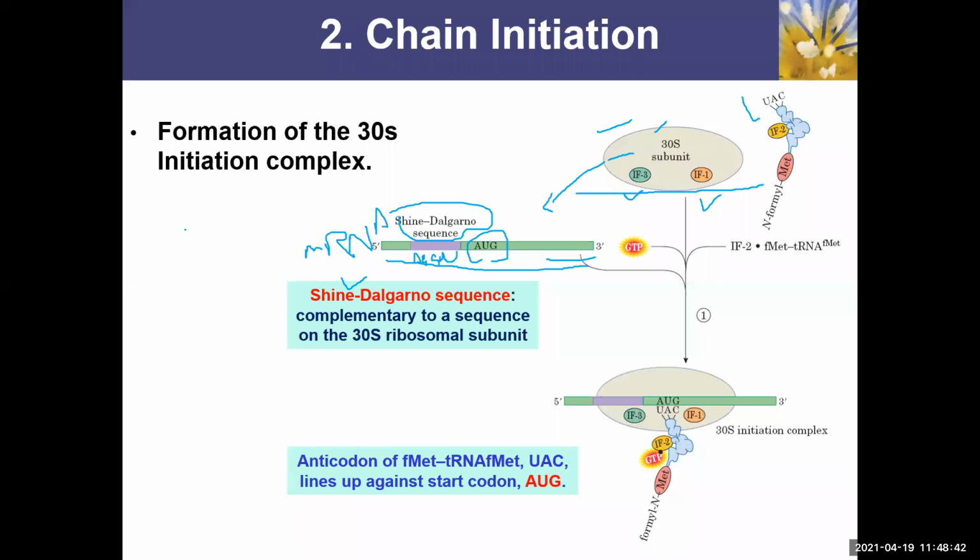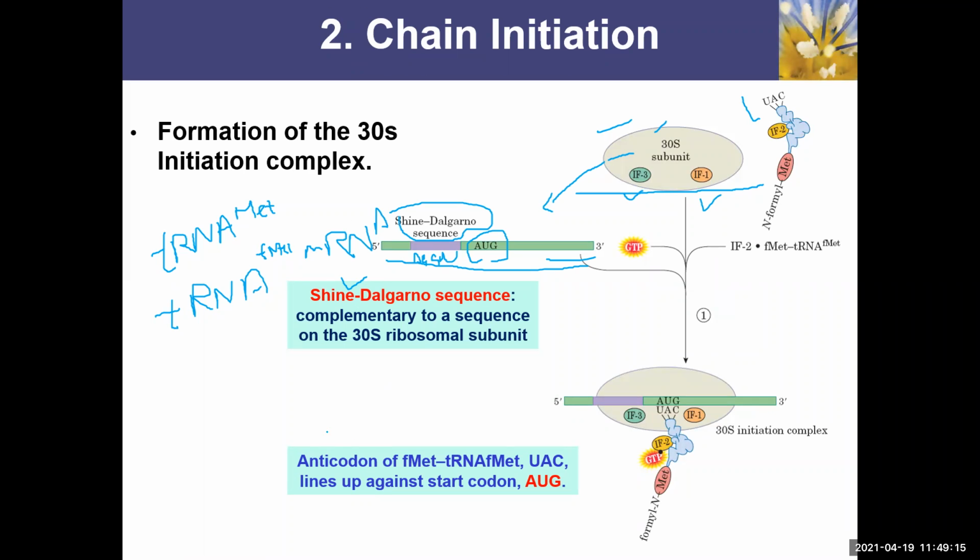If you remember, I told you it's a tRNA methionine in the eukaryotes, and that's how we write it. tRNA formyl methionine in the prokaryotes is the first charged tRNA which will come here, which bears the first amino acid, which is the methionine in the eukaryotes and formyl methionine in the prokaryotes.